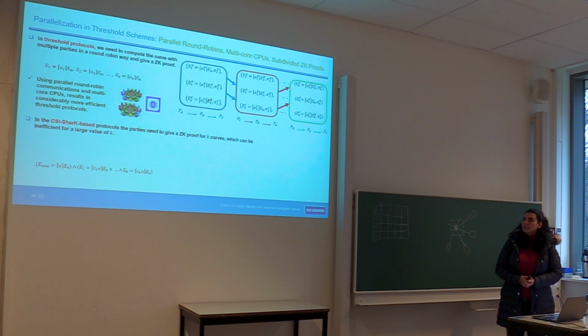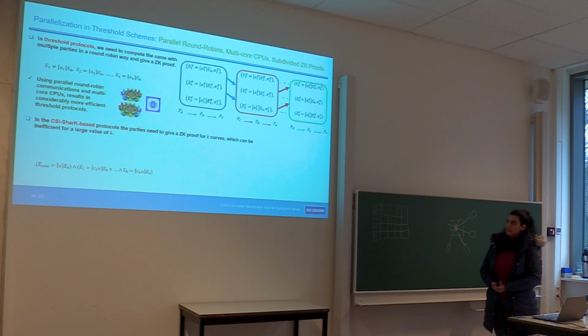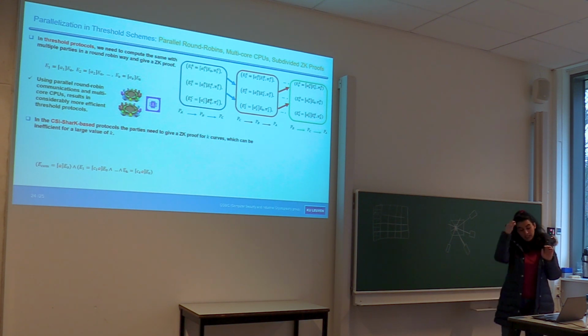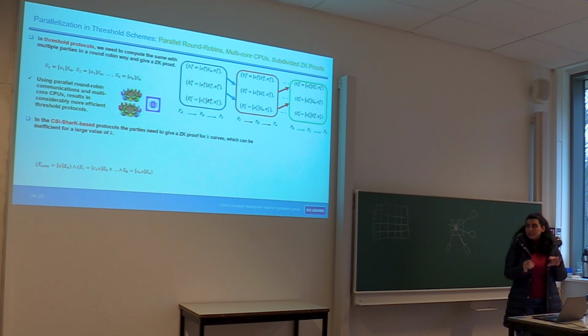Then the third optimization was chopping a long zero-knowledge proof. As I mentioned, instead of having k zero-knowledge proofs, we have one long zero-knowledge proof. We noticed that if we have a very long zero-knowledge proof, then it might be inefficient.